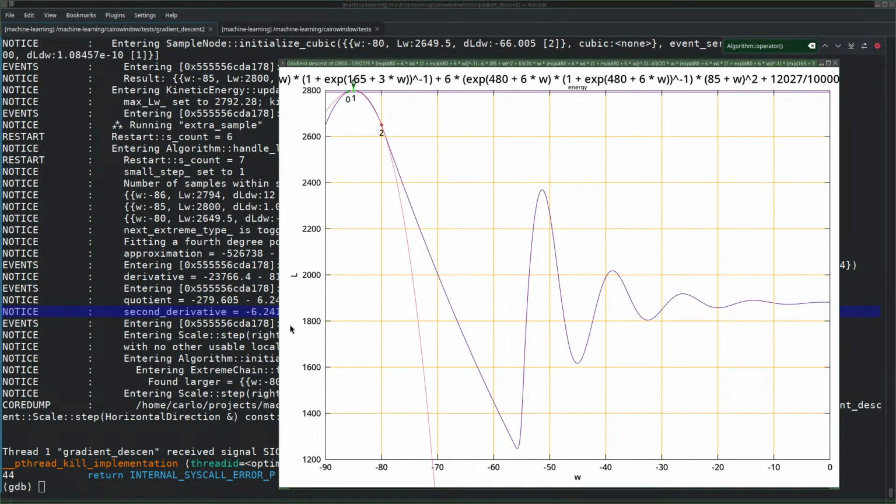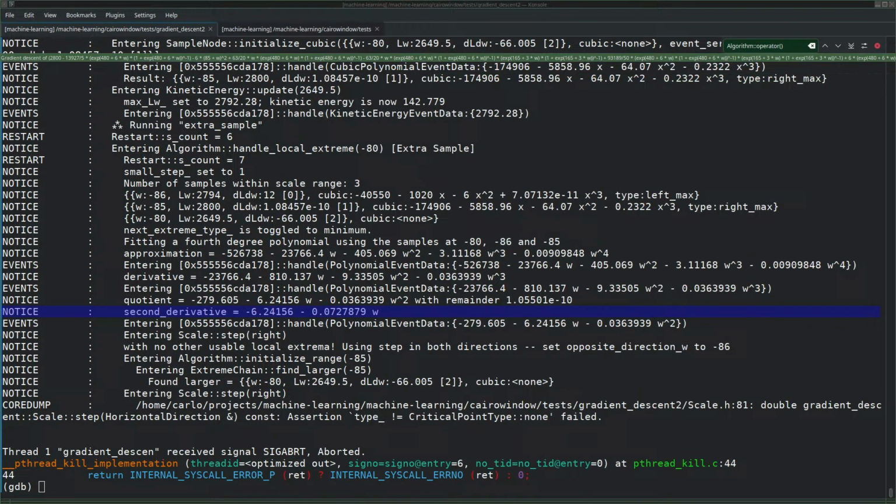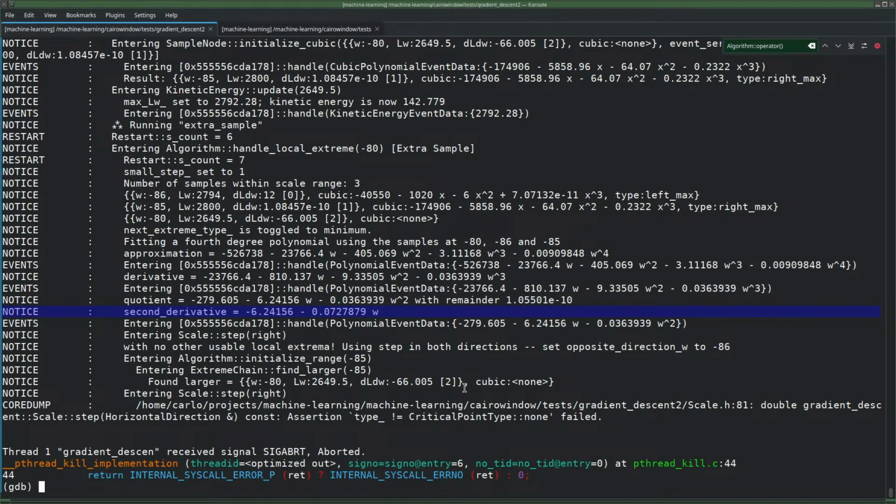Cool. And it crashes still. You gotta be kidding me. Critical point type is unequal none. Has failed. Why?